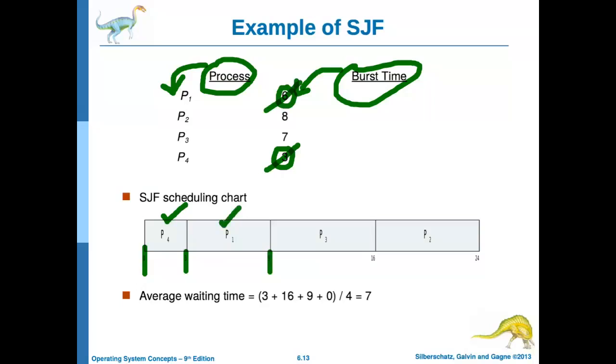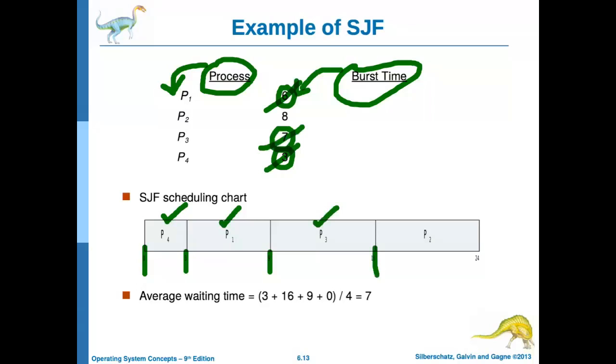So at time 9, 2 processes are there, P2 and P3, with 8 and 7. 7 is the lowest one, so 7 will be selected, which is P3. So 9 plus 7 is 16, it will run till then. At time 16, P3 is finished.